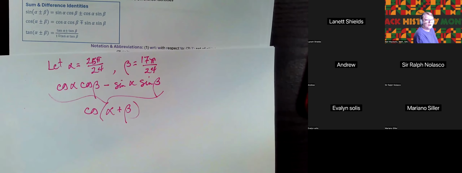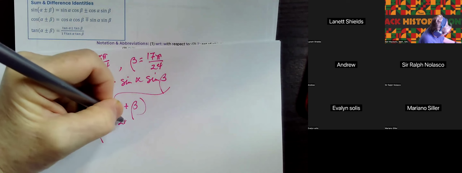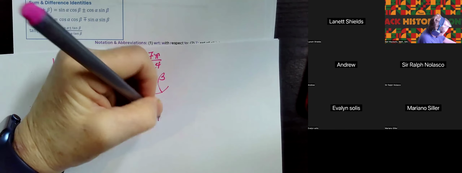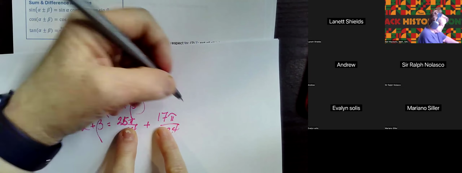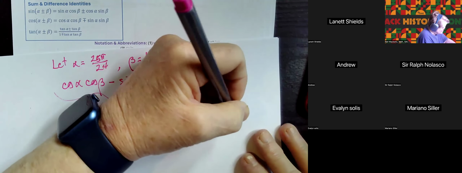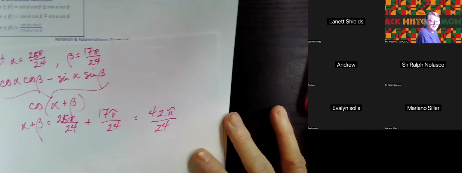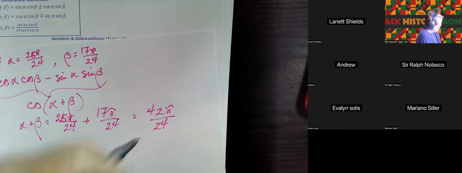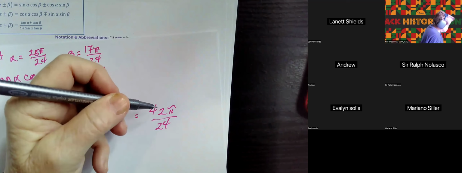And now I can just find alpha plus beta. So alpha plus beta is 25 pi over 24 plus 17 pi over 24. Let's see, what is that? 42, is that right? 25 plus 17 is 42. Yep. Thanks. Okay, good. And let's see. 8 doesn't go into both. 4 doesn't go into both.